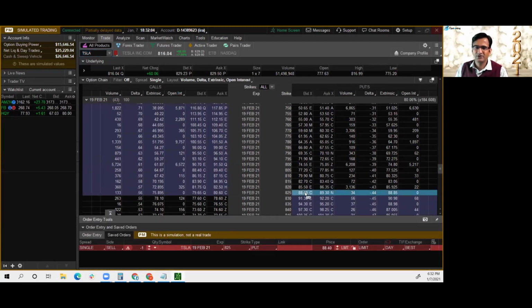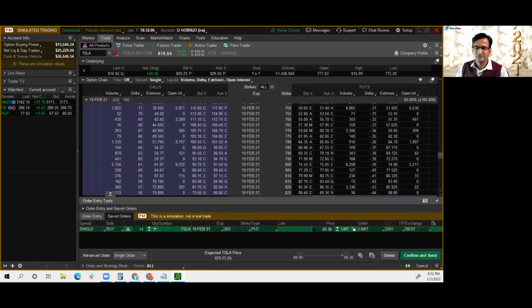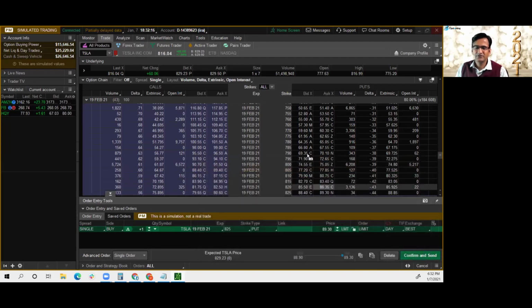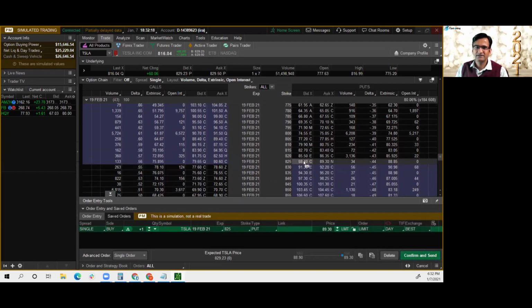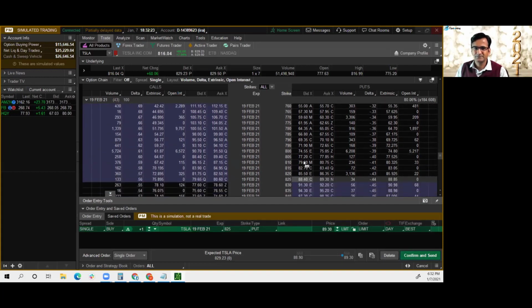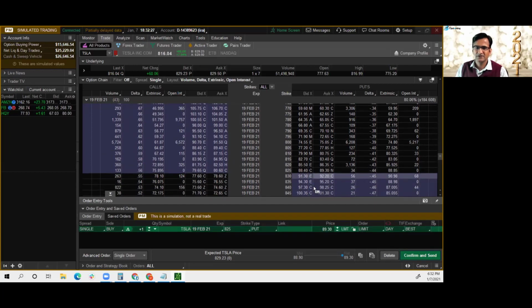If you buy a put at 825, you need to pay $8,900 out of your pocket right now. But this will protect you if Tesla keeps going down to zero. But you don't want to pay $8,900 to begin with.